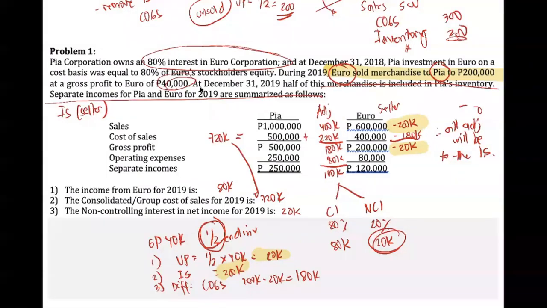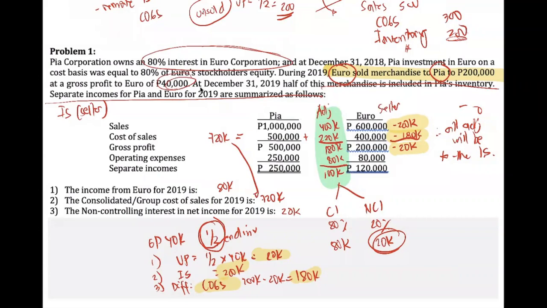So the difference is 180. The difference now is a reduction to cost of goods sold, 180,000. After we get the reduction, we get the adjusted for Euro. So 600 less 200, 400. 400 less 180, 220. 200 less 20, 180. The 80,000, do we have an adjustment? None. So 180 less 80, 100,000 pesos.